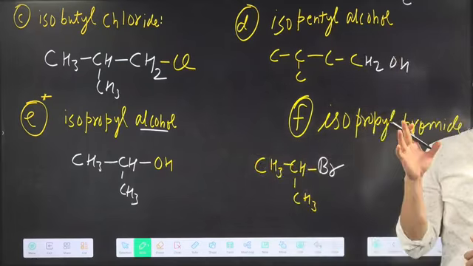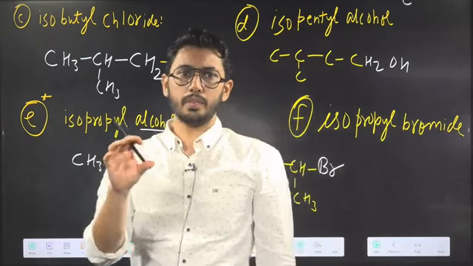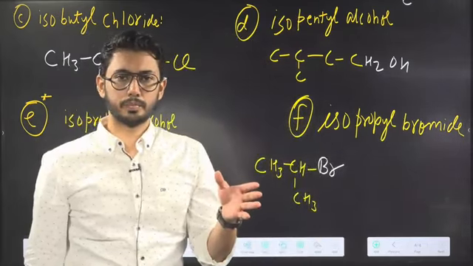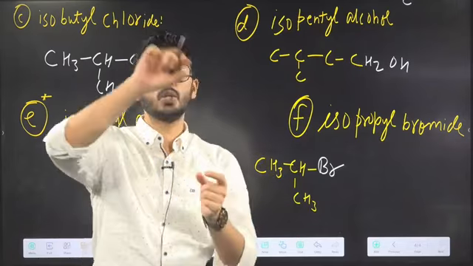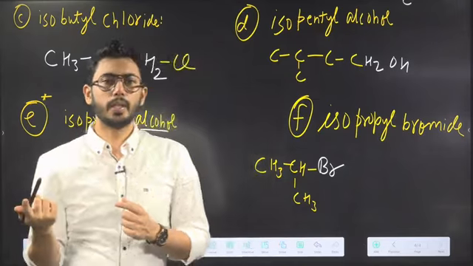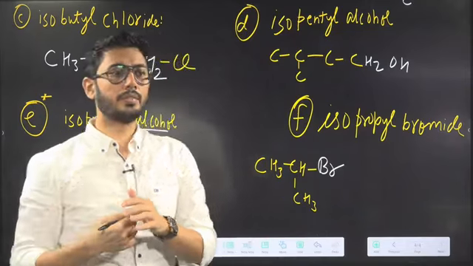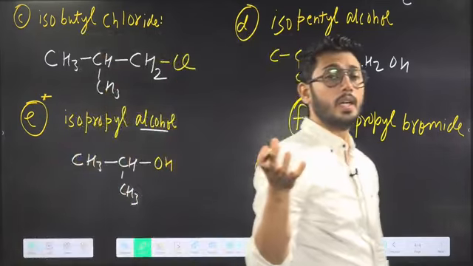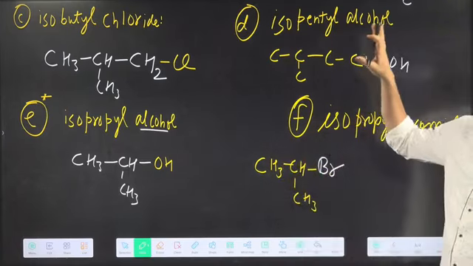But remember, in the reactions, sometimes names are given directly rather than the structure. Then you have to write the structure and complete the reaction. Another possibility, in options, rather than giving the structure, they give the IUPAC name. That's why do not take IUPAC nomenclature lightly.